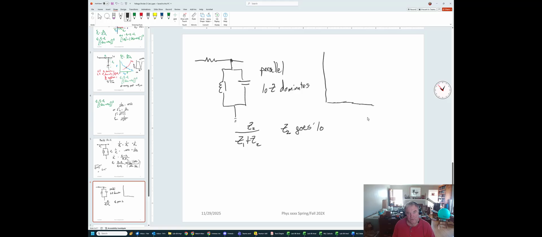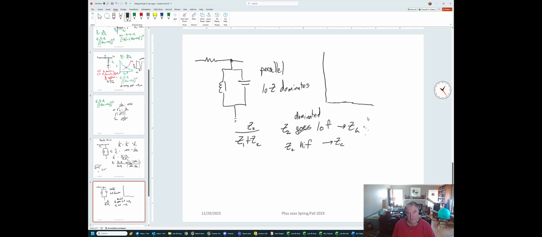Okay, Z2 is dominated at low F by the Z of the inductor, and it's dominated at high F by the Z of the capacitor.